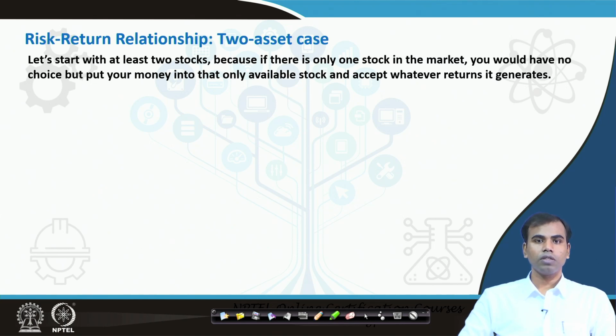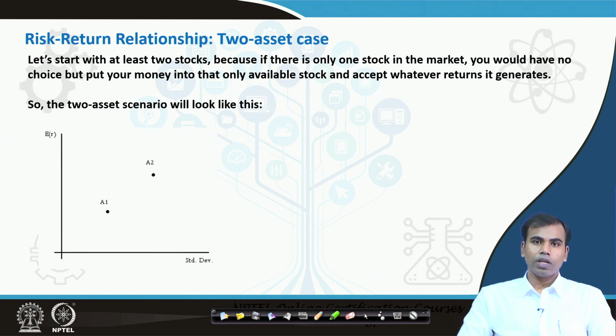But since the world is more complicated, let us start with a two asset scenario, where you assume that there are at least two assets. You can call them stock and bonds, or asset 1 and asset 2, or any other combination of two assets. The two asset scenario would look like this, where there are two assets, A1 and A2, with different risk and return attributes.